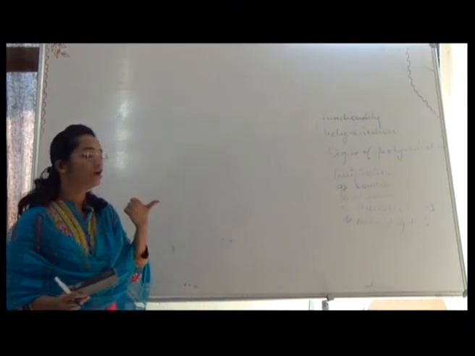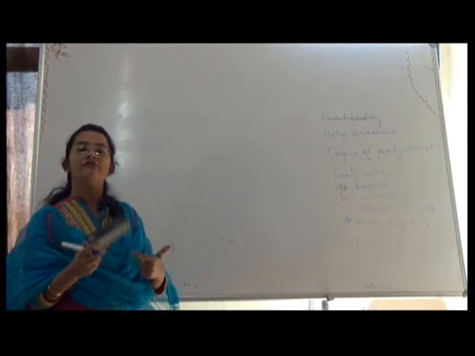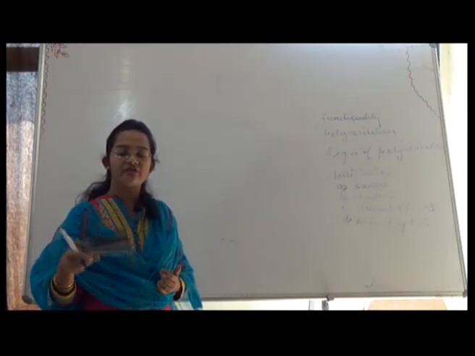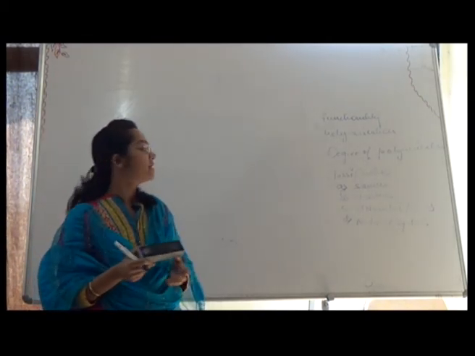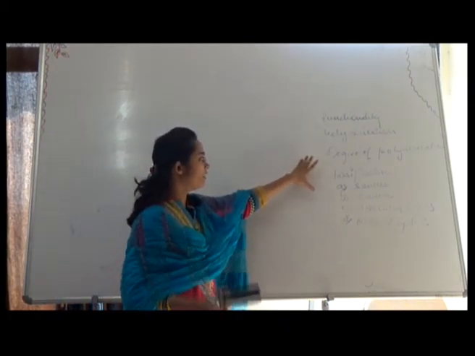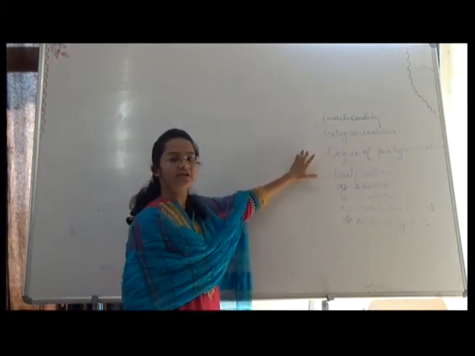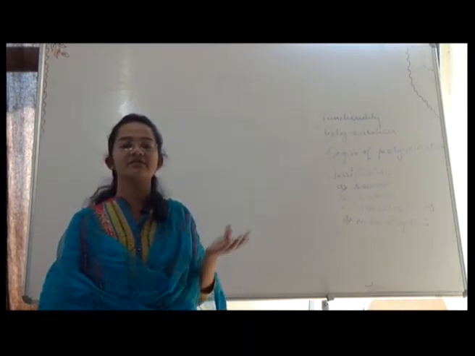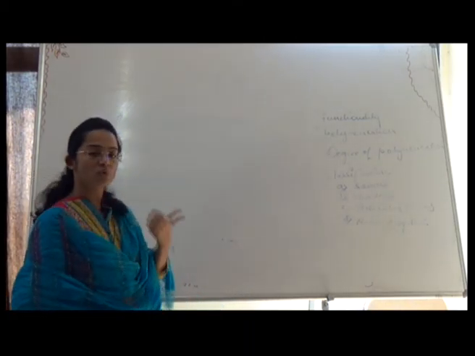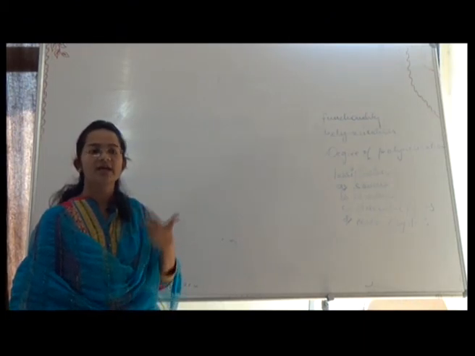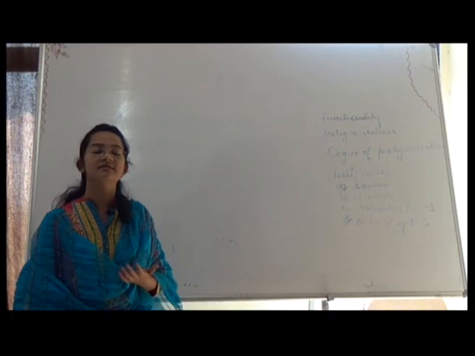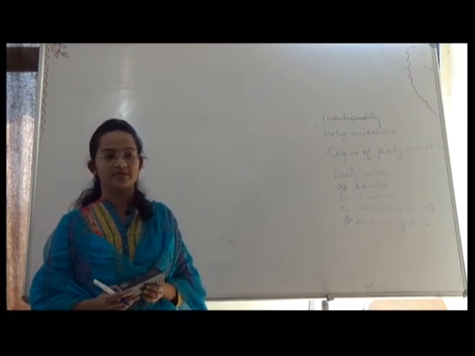Then the degree of polymerization, which is the average number of monomers repeated in a polymer. Next is classification, of 4 types: first the sources, then structure, then molecular forces, and then modes of synthesis. This completes our polymers. Thank you.